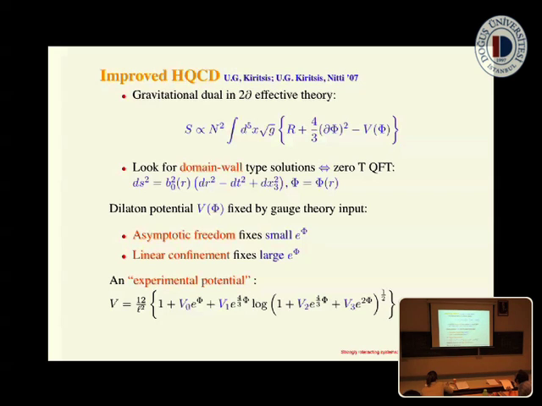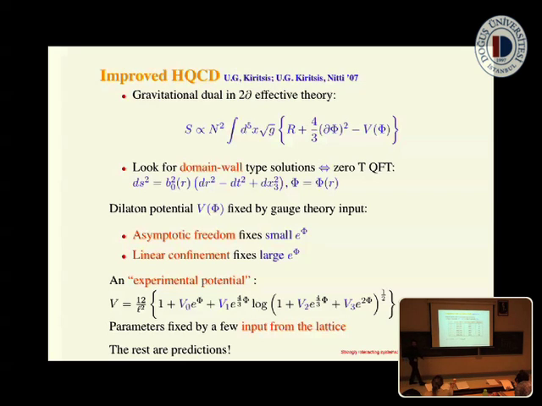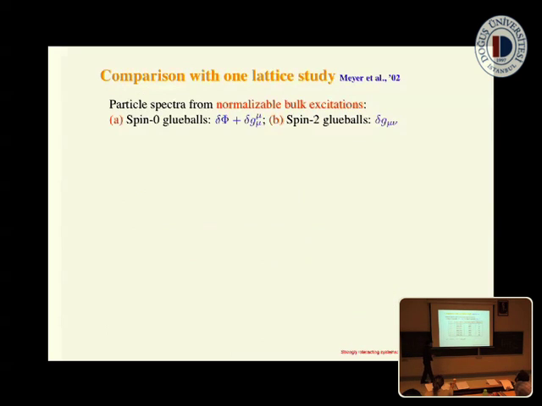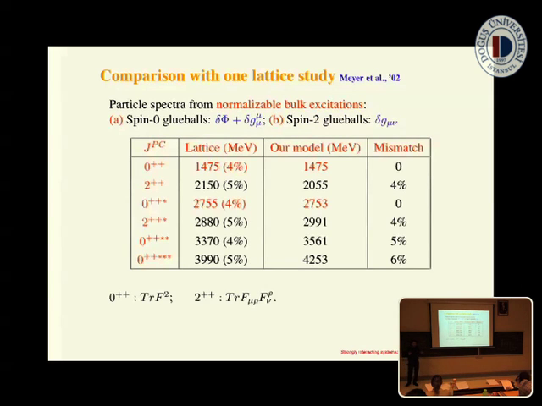By fixing these four parameters by comparing with the lattice, then you can do calculations, and let me show you one simple thing. At zero temperature, you can calculate, for example, the glueballs, the spectrum of glueballs. I said there are no dynamical quarks, there are only gluons, and these gluons are confined at zero temperature into glueballs.